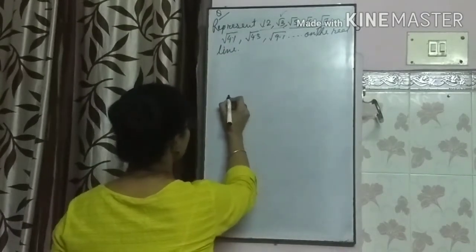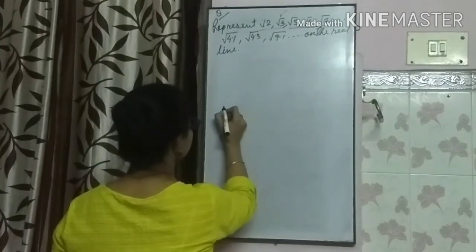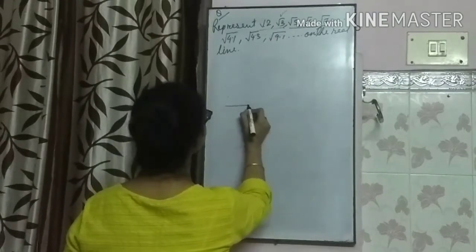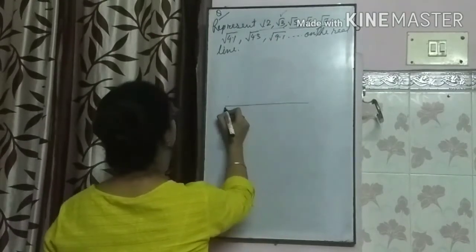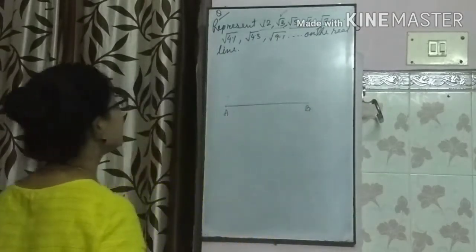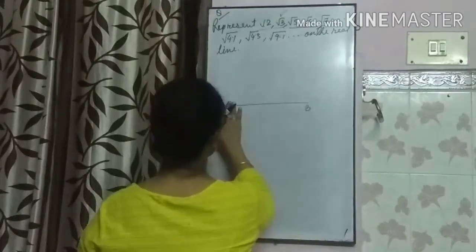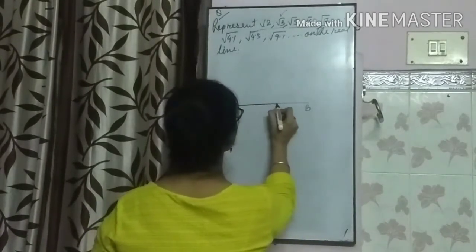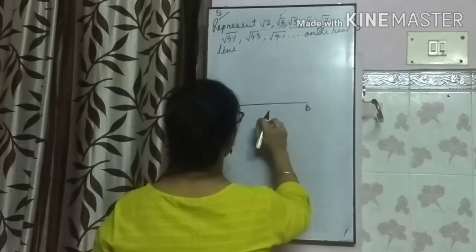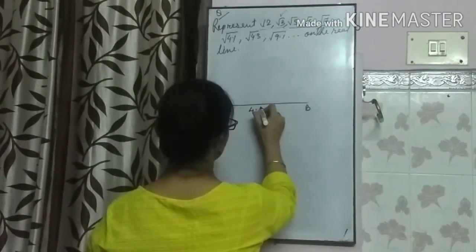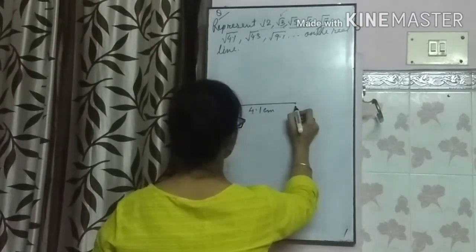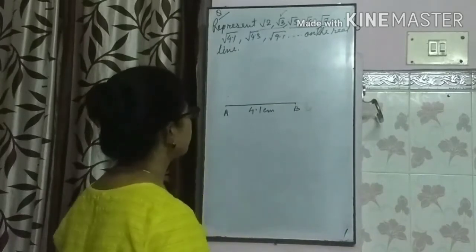So what we do, we make a line, say it is A, B. AB I have drawn as 4.1 centimeter.